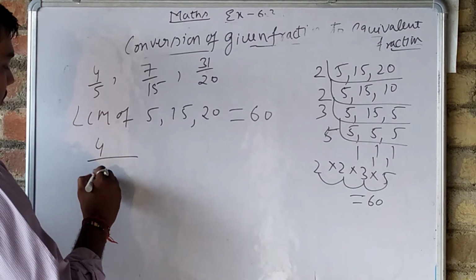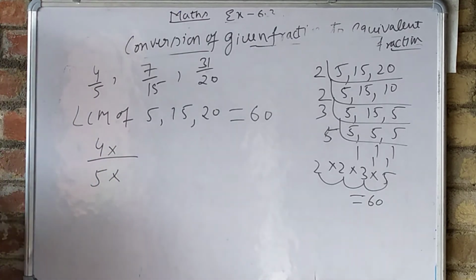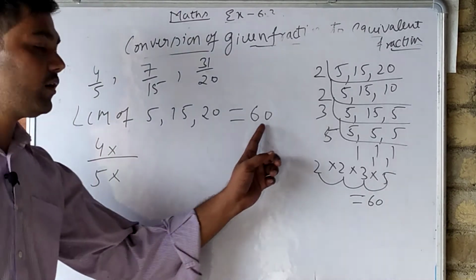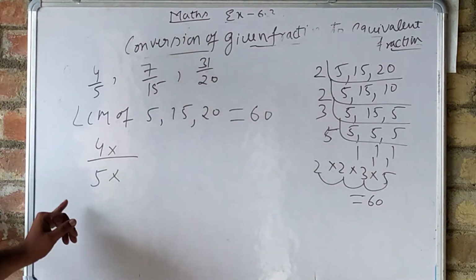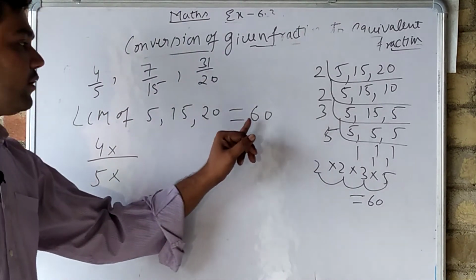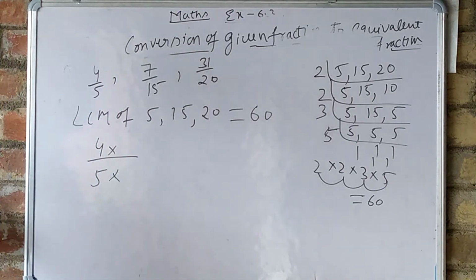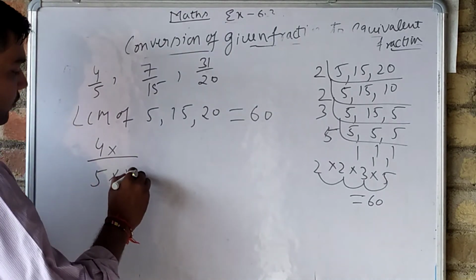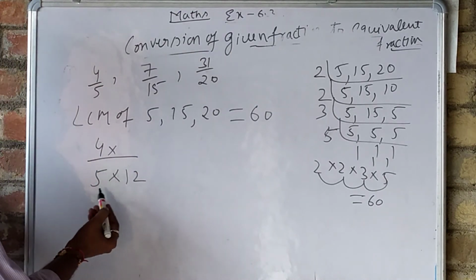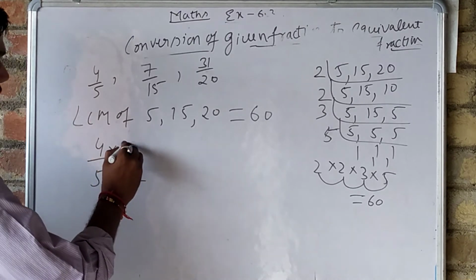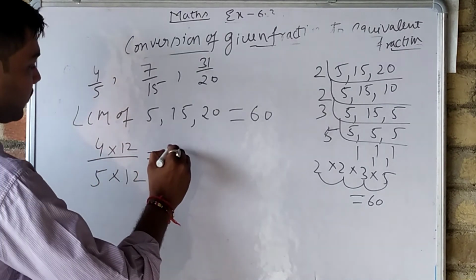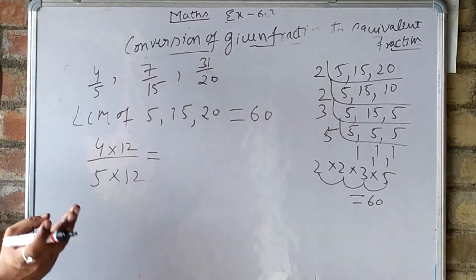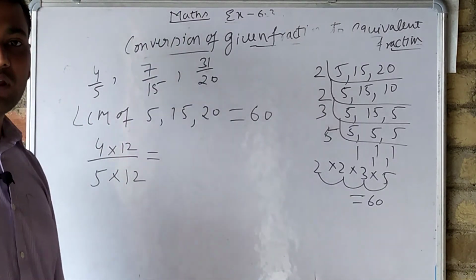So 4 upon 5. What will we multiply with 5 to get 60 in the denominator? We will multiply it with 12. 12 times 5 is 60. When we multiply the denominator with 12, the numerator also gets multiplied with 12. 12 times 4 is 48.